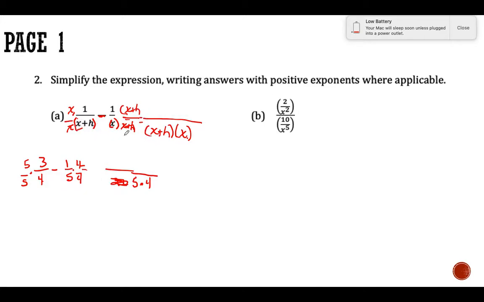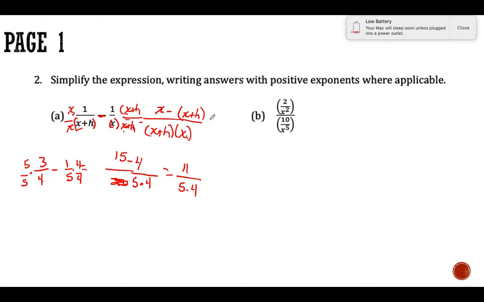The denominators are x plus h times x, and my numerator is x minus x plus h. That's exactly what I did over here. This, I would have 15 minus 4. And that would be 11 over 5 times 4, or 20, right?